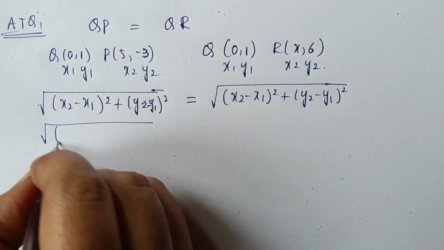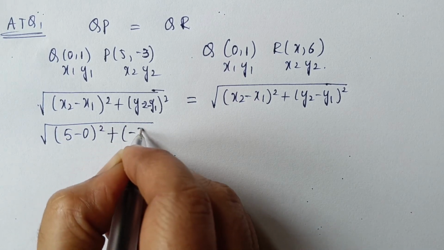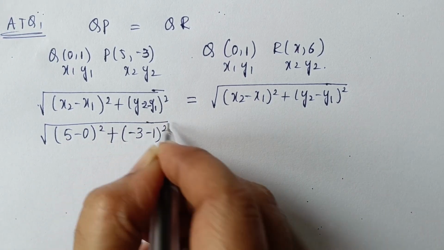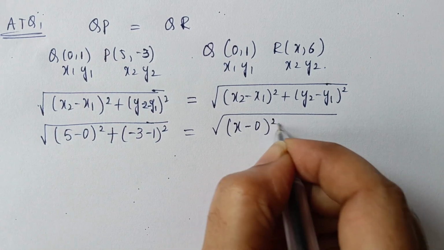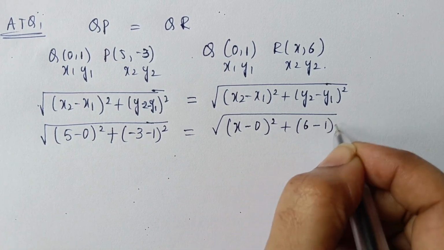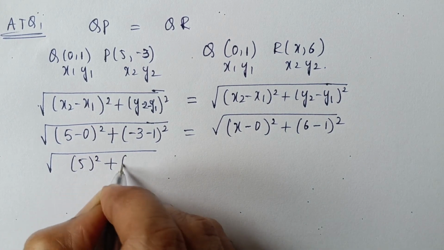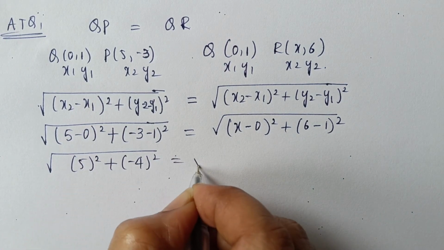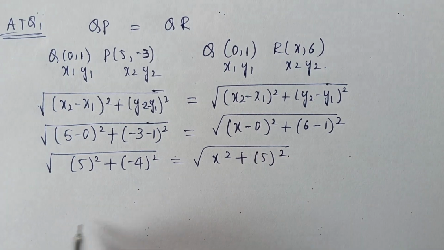Square root of (5 minus 0) whole square plus (minus 3 minus 1) whole square, and here (x minus 0) whole square plus (6 minus 1) whole square. That is 5 square plus (minus 4) square, and this is x square plus 5 square.